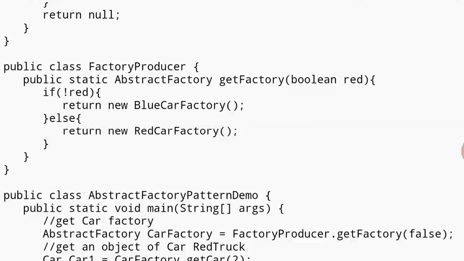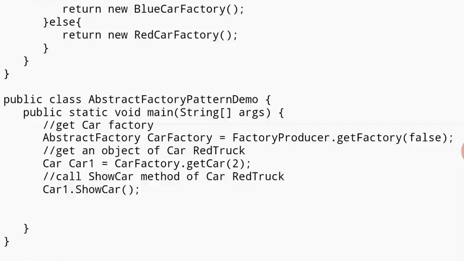If the color is red, then it will call the RedCarFactory, and if it is blue, then it will call the BlueCarFactory. So it is representing a group of factory classes. This is the abstract factory design. We are using another factory class just to produce the required factory object.